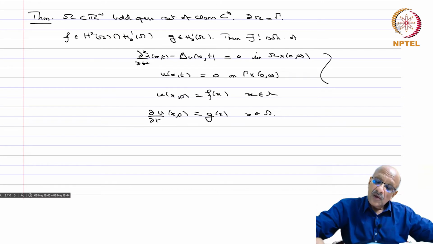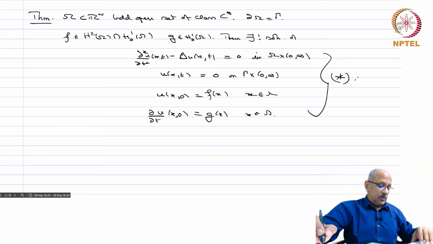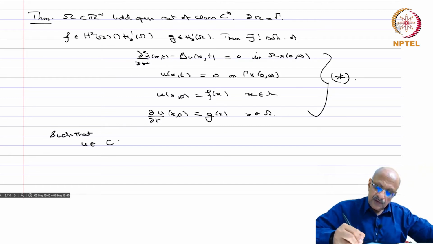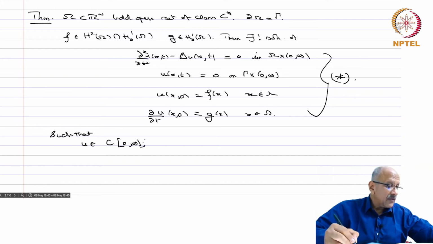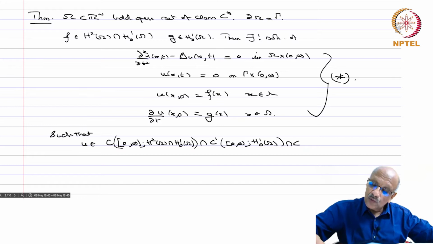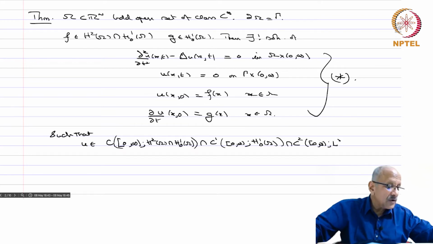This is our basic equation, such that u belongs to C of [0, infinity) with values in H2 of omega intersection H10 of omega, intersection C1 of [0, infinity) with values in H10 of omega, intersection C2 of [0, infinity) with values in L2 of omega.